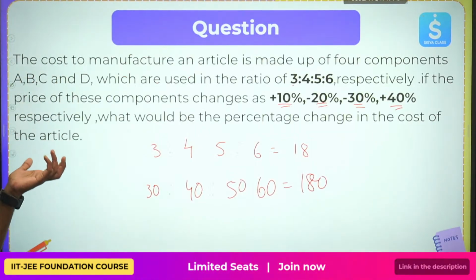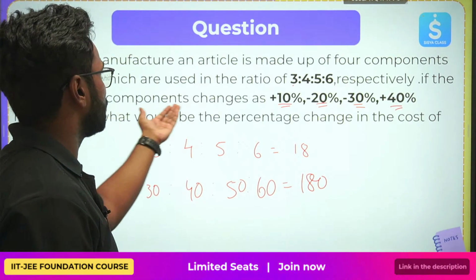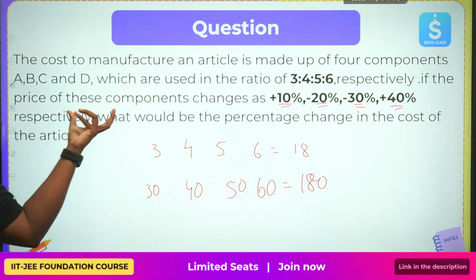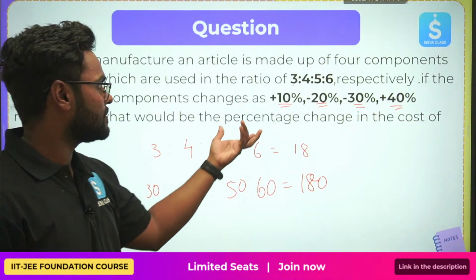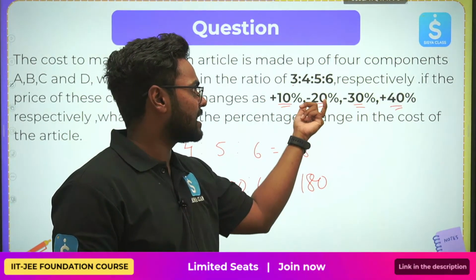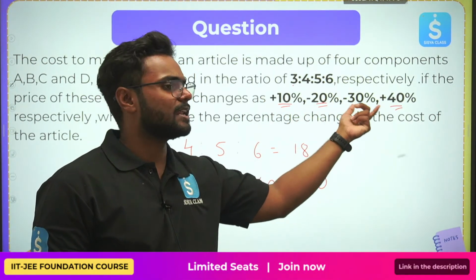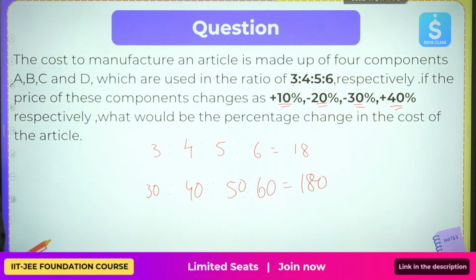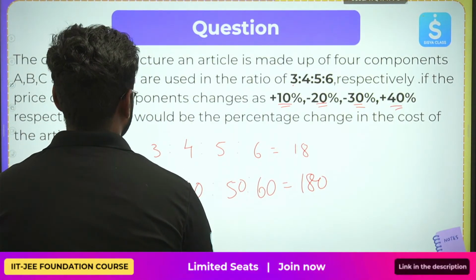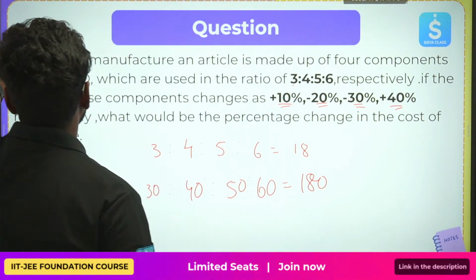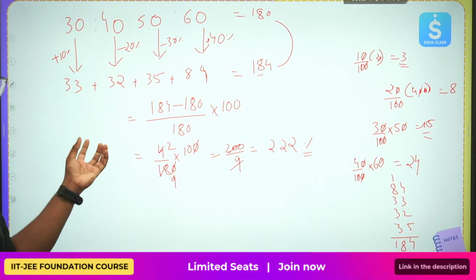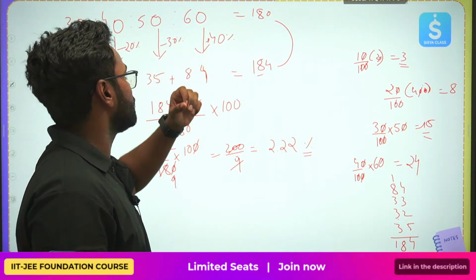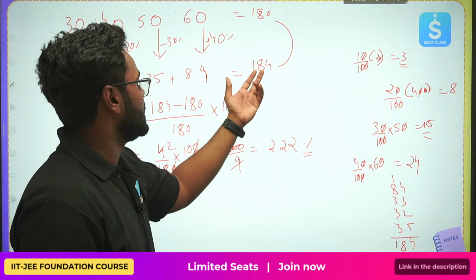So the question is saying an article is made of 4 components in the ratio 3:4:5:6 respectively. The price of these components is changed by adding 10%, decreasing 20%, decreasing 30%, and adding 40% respectively. What will be the percentage change? We have assumed this as 30:40:50:60, which equals 180. Now we have applied the percentage changes, and the total would be 184.